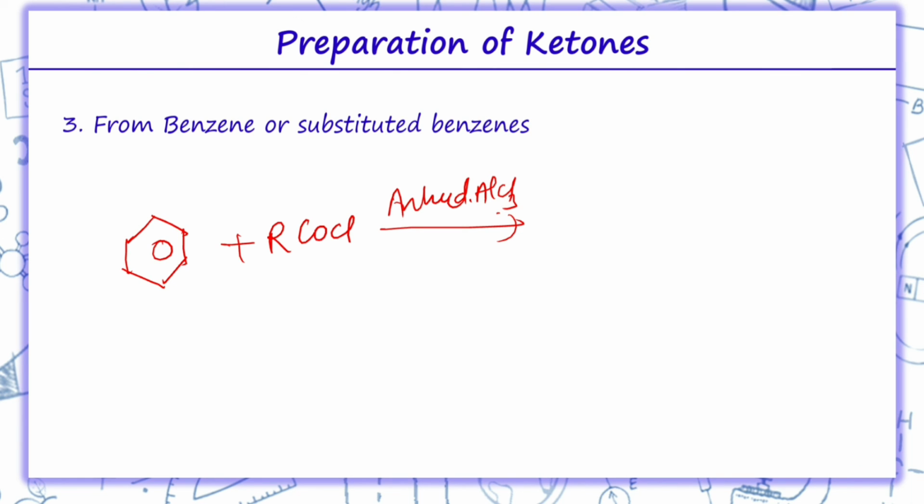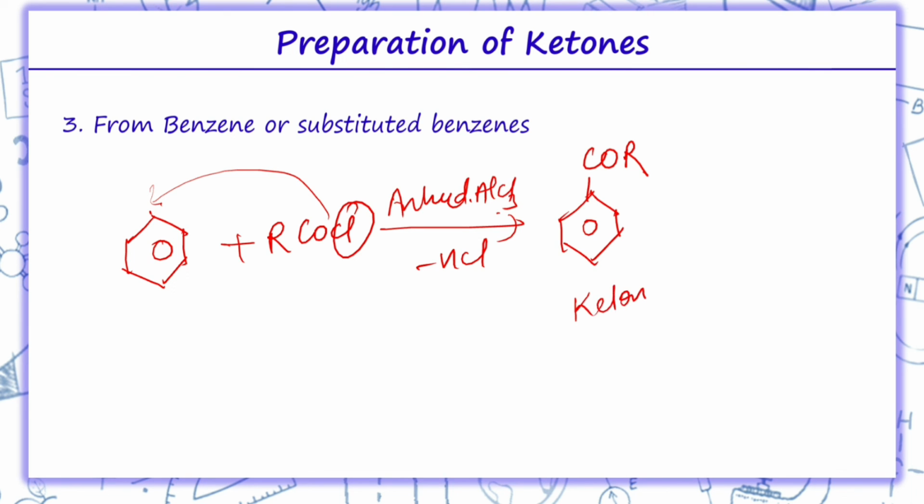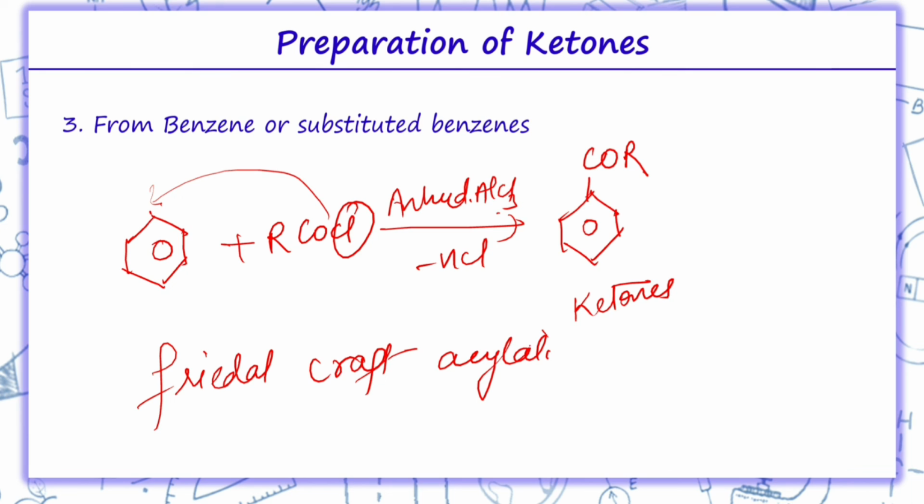Basically over here the COR group attaches to the benzene ring, and H and Cl are removed. Thus, ketones are prepared, and this reaction is known as Friedel-Crafts acylation reaction.